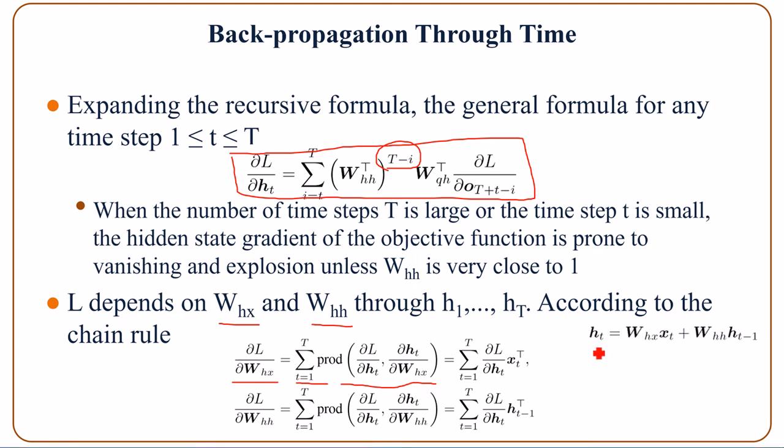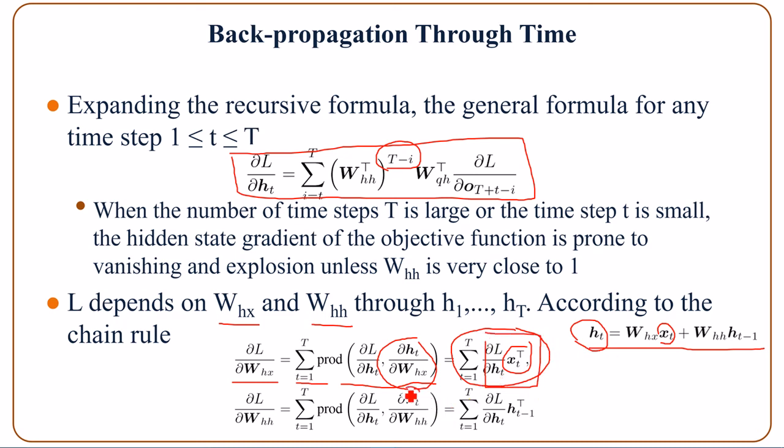And again, I brought back this formula from the previous slide so that you can see how we calculate this derivative. Taking the derivative of h_t with respect to the weight W_HX, what you get is just x_t, and that is here. And eventually we have the sum from 1 to T of that term.